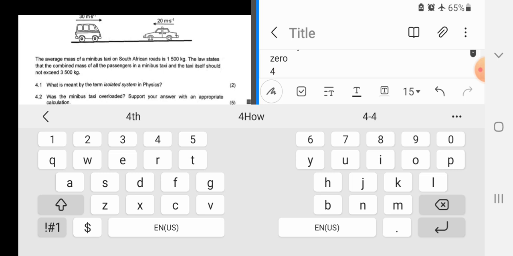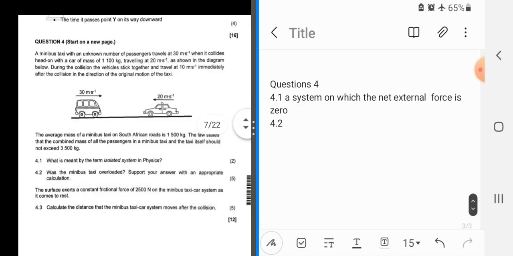So here we are on 4.2. A system on which the net force is 0, that is an isolated system. They ask: was the minibus taxi overloaded? Support your answer.